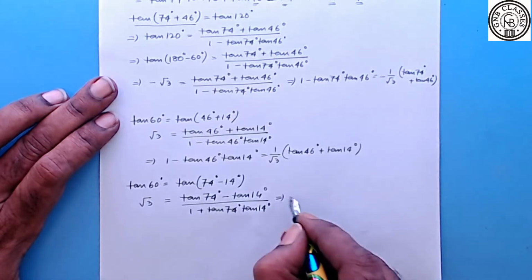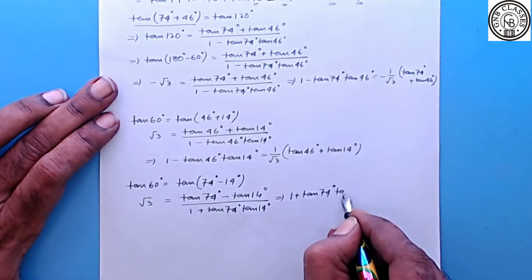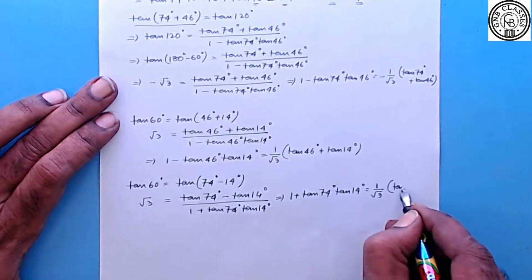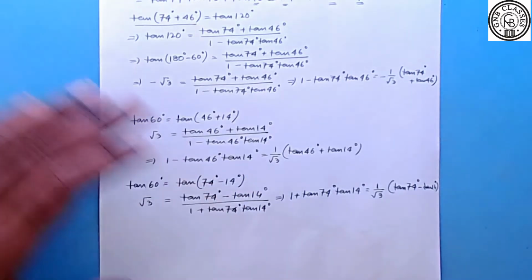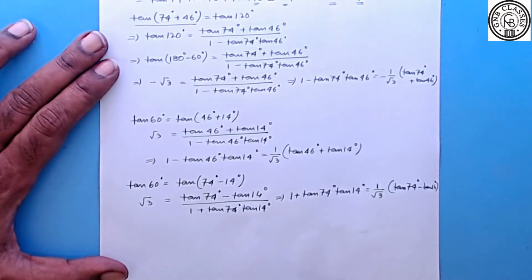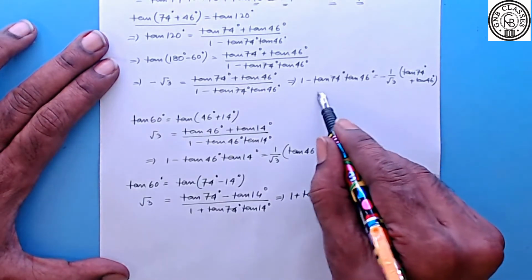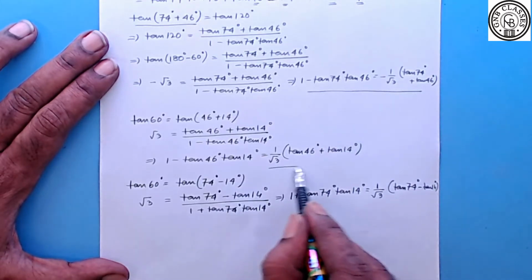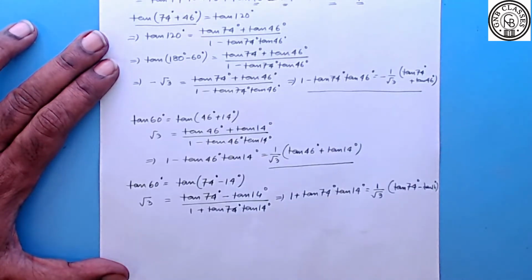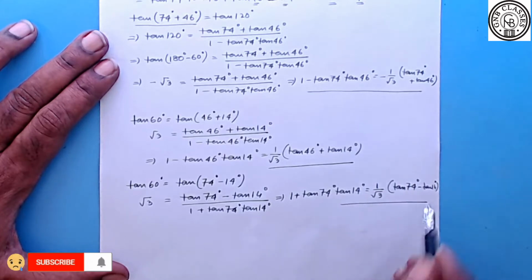So from here we are getting... is it okay? Now what I am doing is I am adding the corresponding sides of this one and this one.